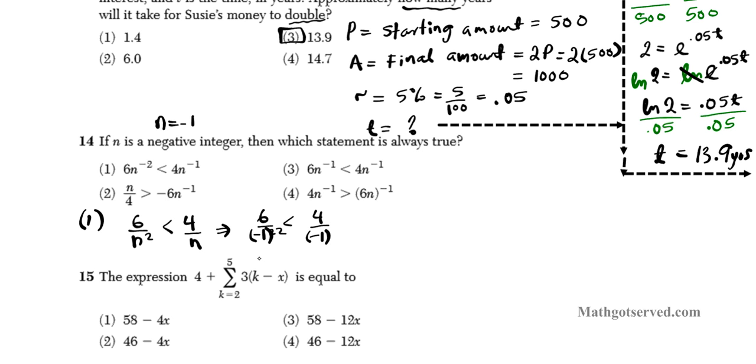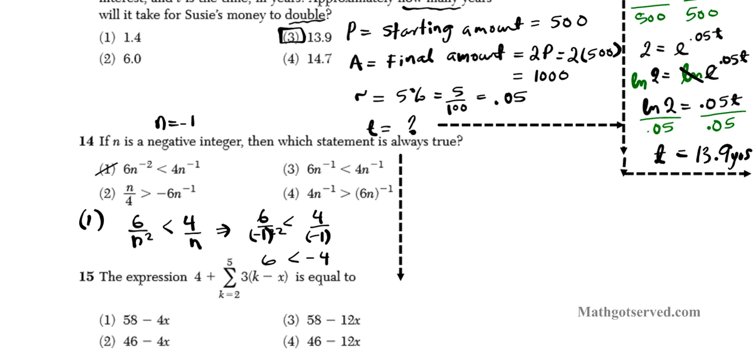So 6 over -1 squared is simply 6. Is 6 less than -4? That's the question. Absolutely not. 6 is greater. So that's false. That fails. So that's looking good. We have one that has been eliminated from our answer choices.